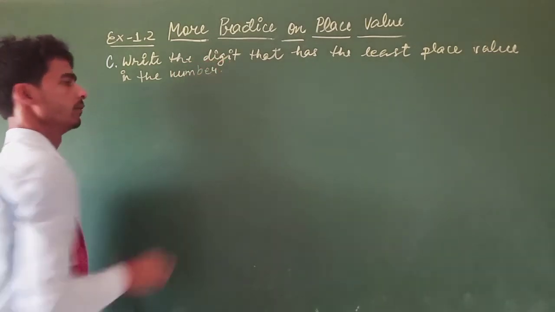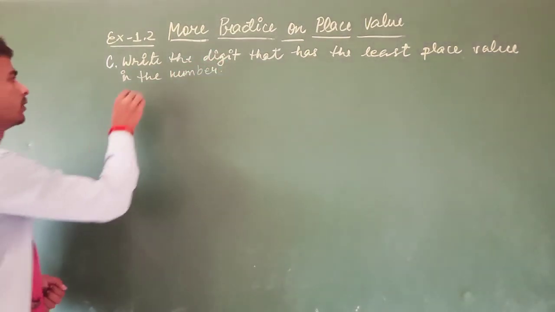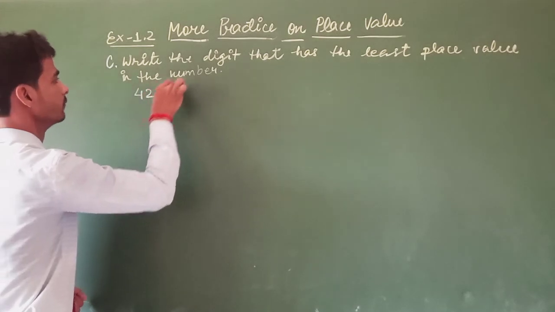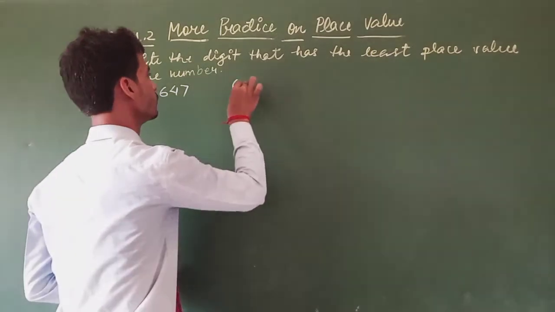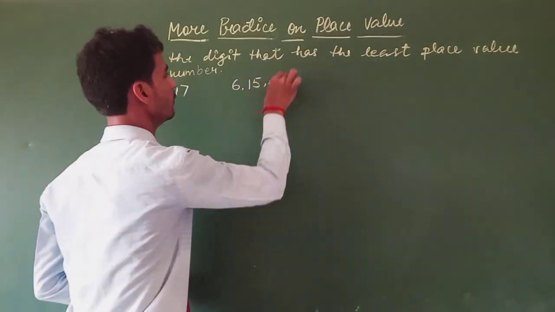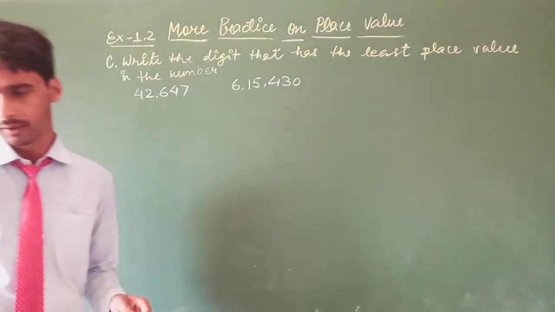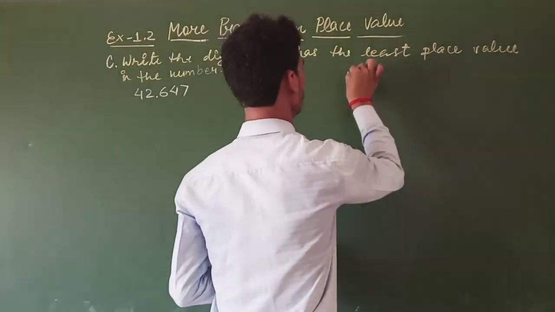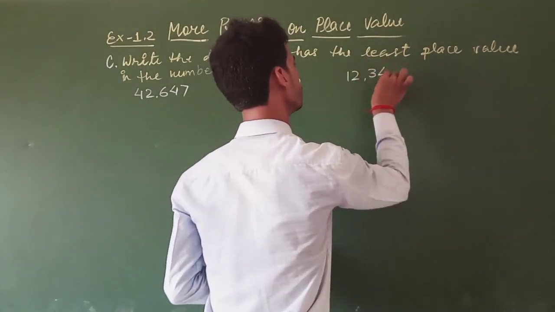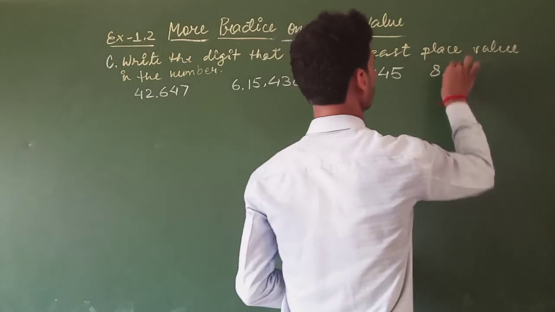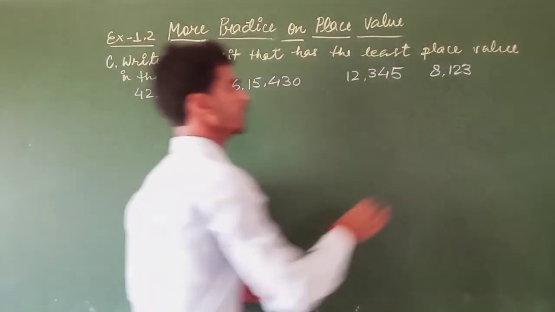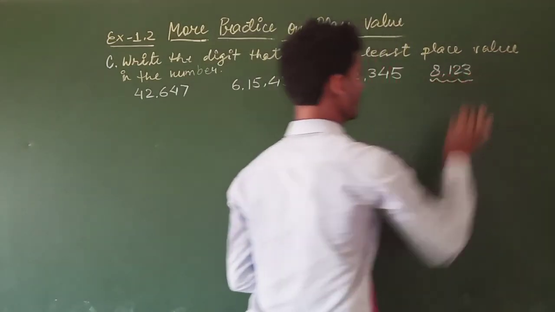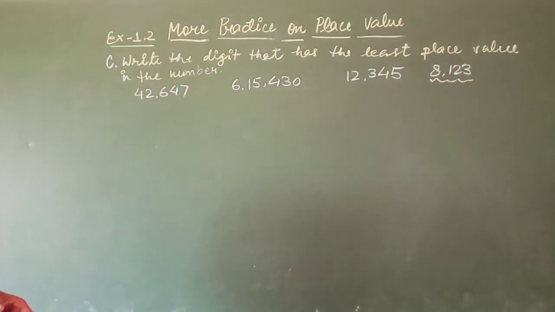The numbers are 42,647, 6,15,440, 12,345 and 8,123. So which number has the least place value? The number 8,123 has the least place value in the number.